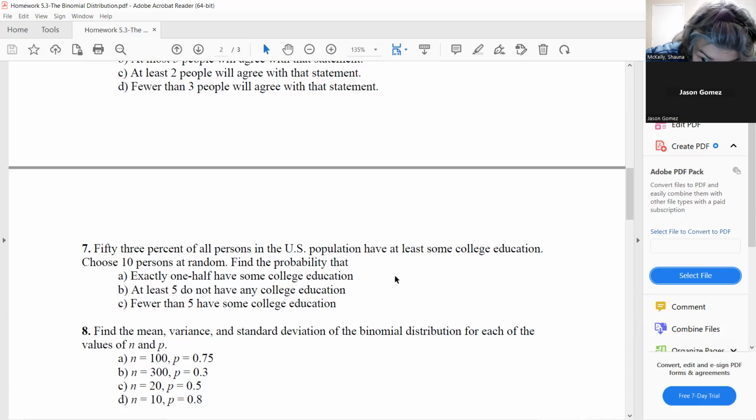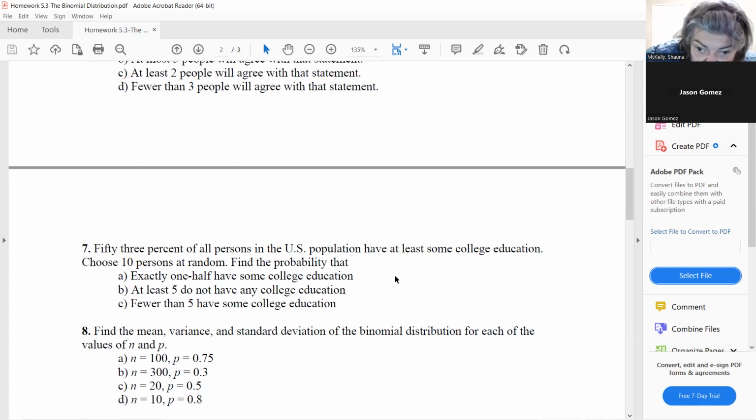Exactly 1/2, so 0.5. My X should be a whole number. So you're right with the 0.5, but what am I taking half of? 53? No. How many people is it? Oh, 10. Yes. When you're doing the probabilities down below, it's some portion of whatever N was.